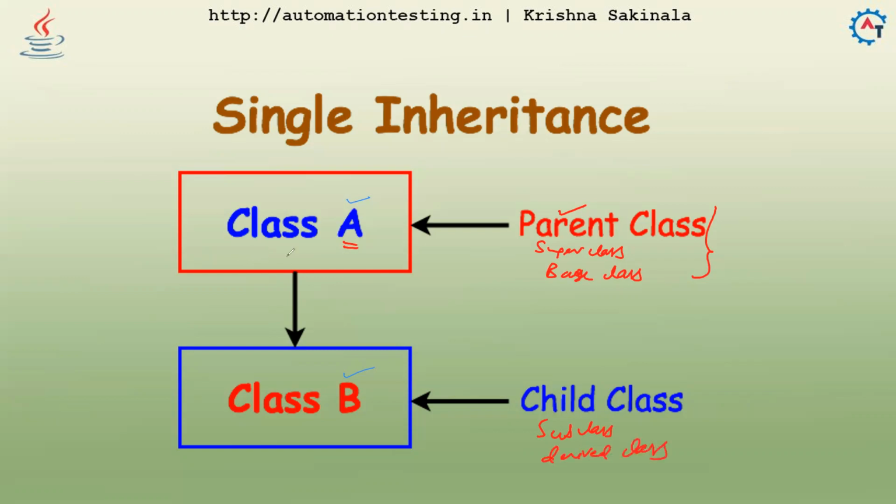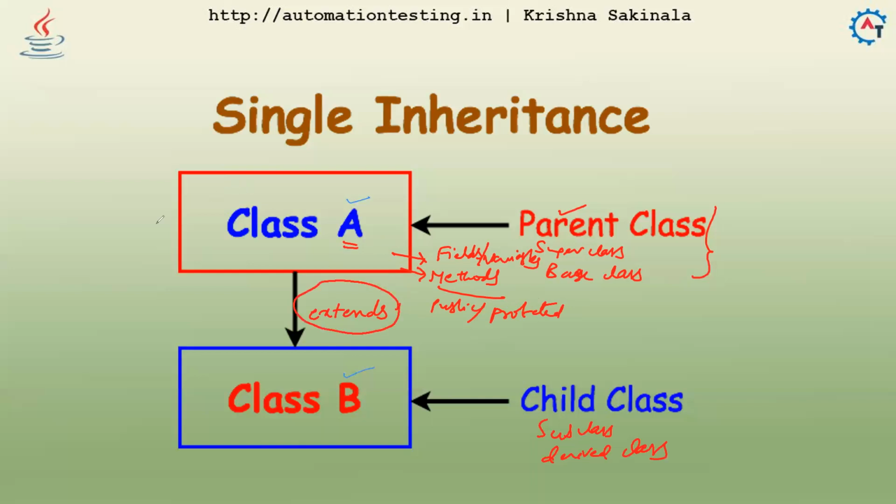So how will it get the properties from A to B? Using the extends keyword. Class B extends class A. With the help of this, if you have some fields here, meaning instance variables, and some methods which are public or protected, then only you can access this information from class A to class B using the inheritance concept and the extends keyword.